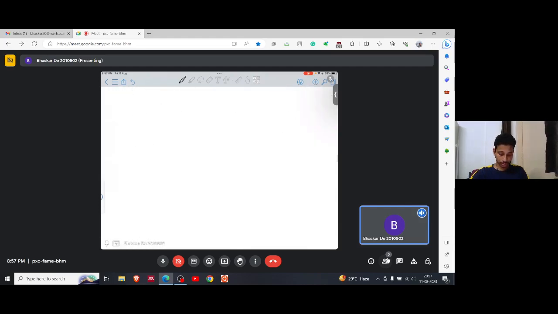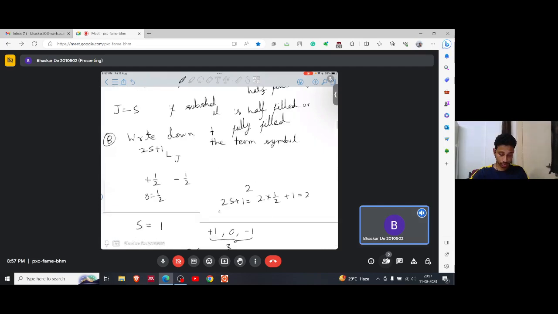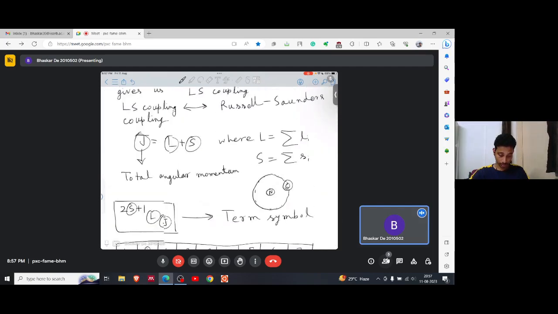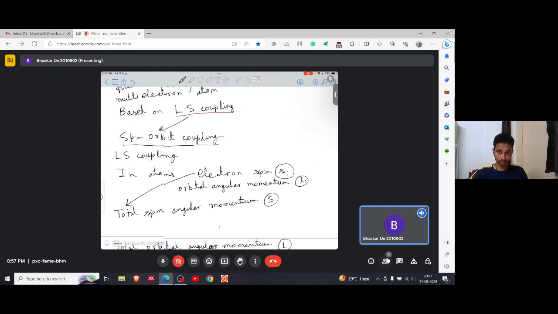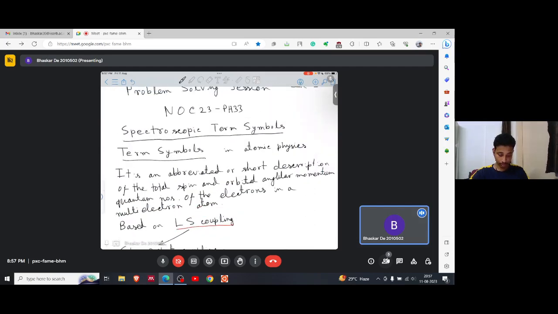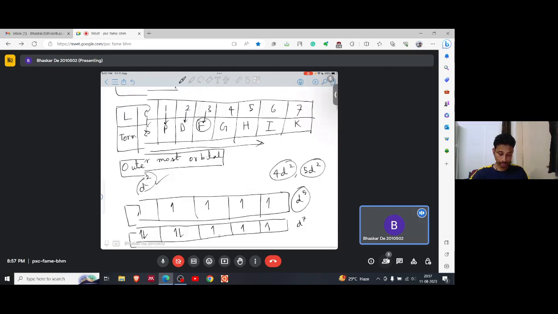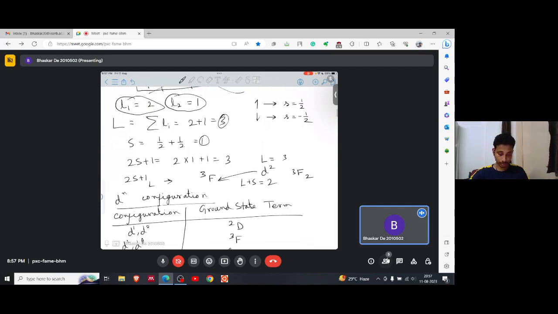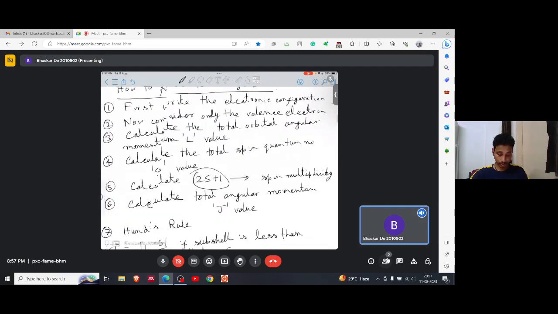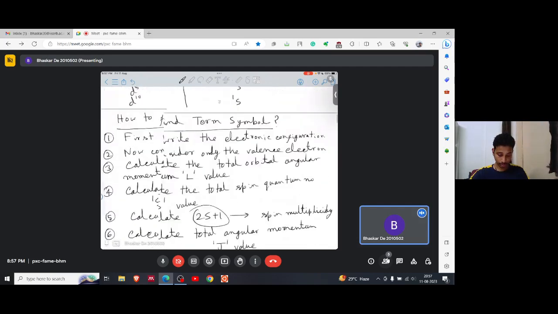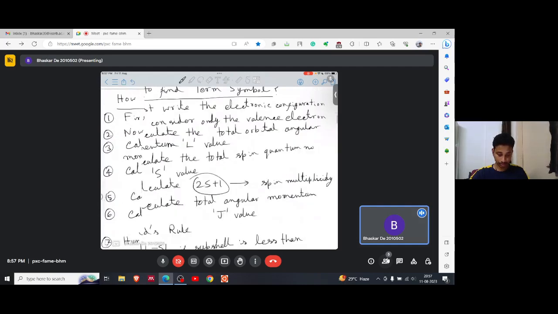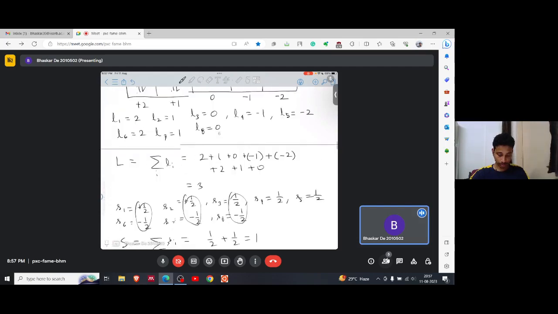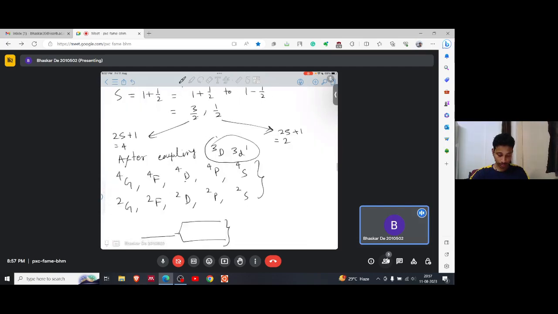So today I have discussed the spectroscopic term symbol to properly distinguish and name the atomic states which come from the LS coupling, so that the electronic states can be understood properly, and the process of finding that term symbol from LS coupling. The process of LS coupling is discussed, and then there is a bit of an example for this.